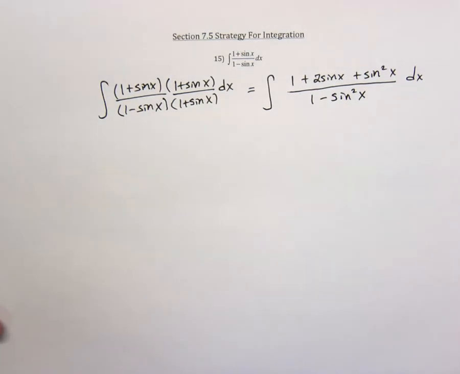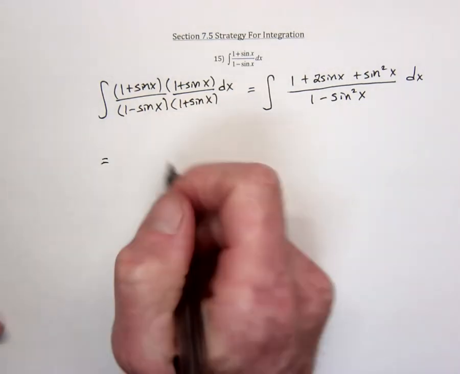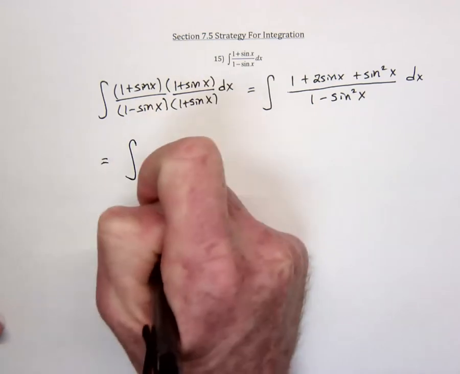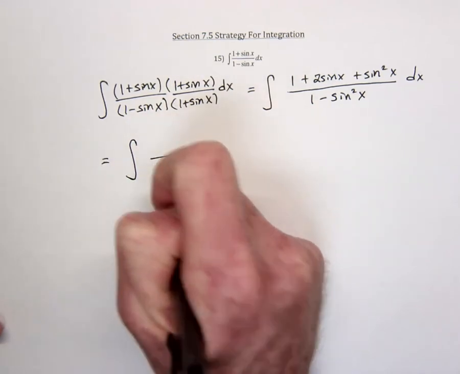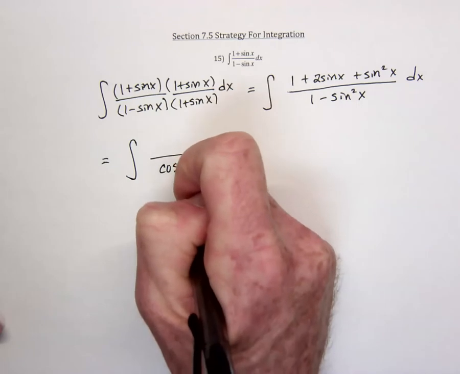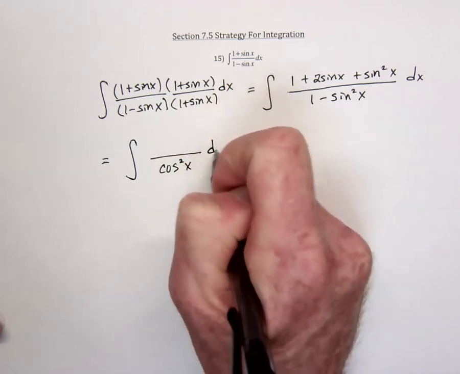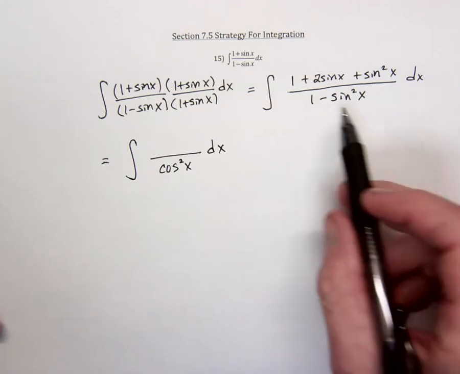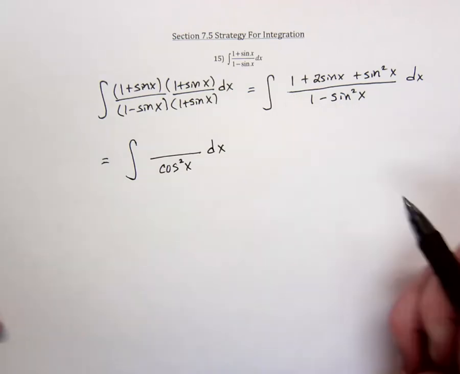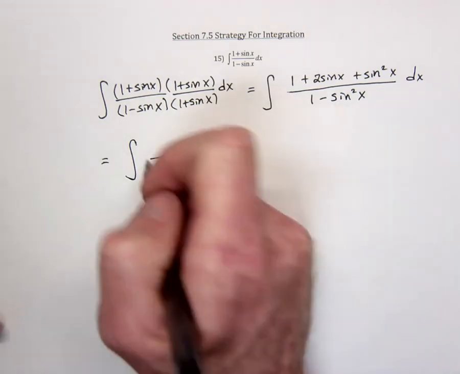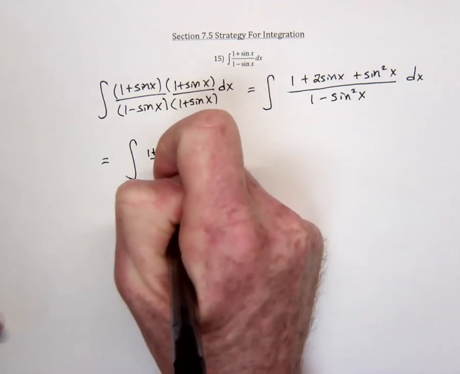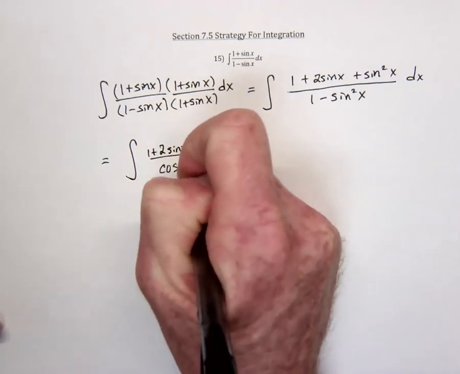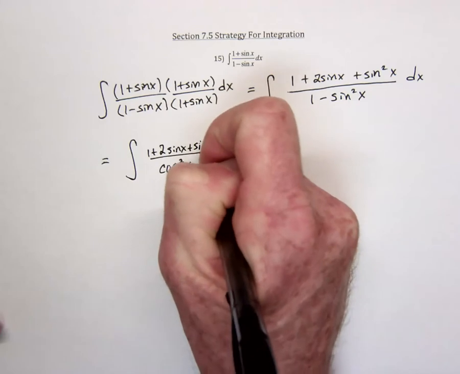And then we can use the identity that 1 minus sine squared is cosine squared. And then we have this: 1 plus 2 sine of x plus sine squared.